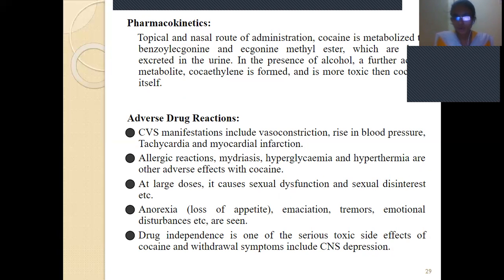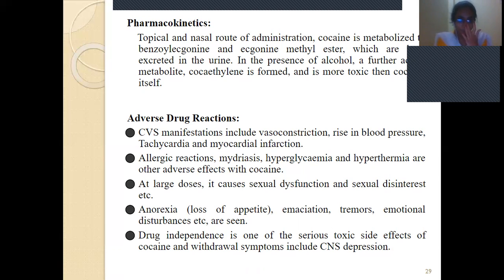In the presence of alcohol, a further metabolite is formed, cocaethylene, and it is more toxic than cocaine itself.